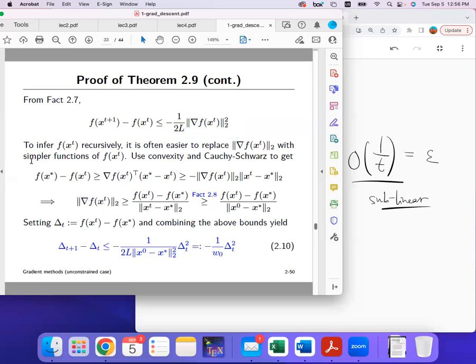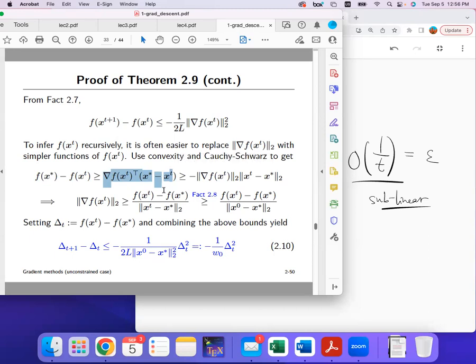First of all, using convexity. This is the definition of convexity: for any two points, this inequality holds. I specifically choose the first point to be x star and the second point to be x_t. Then this is an inner product term, and we can utilize the Cauchy-Schwarz inequality.